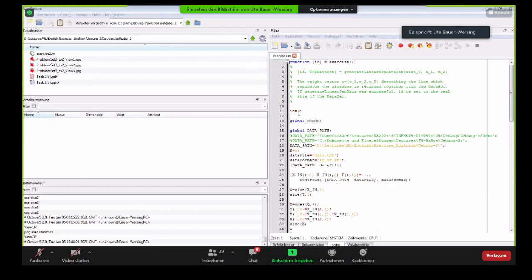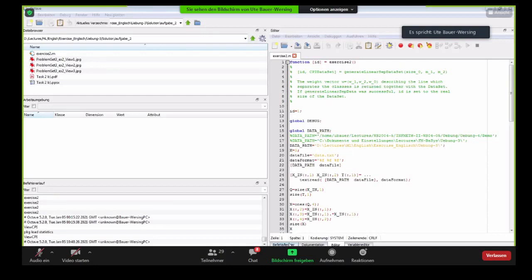That's a clone that's basically able to interpret MATLAB code. It's not as complete as MATLAB, but it works for our purpose.